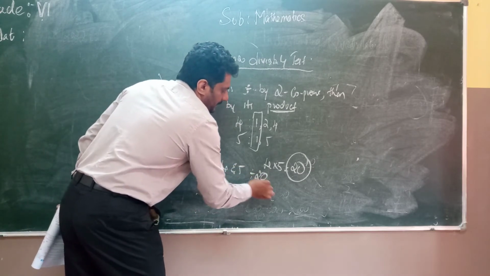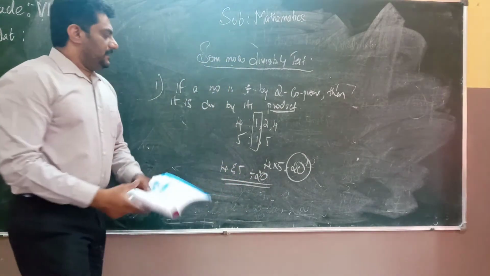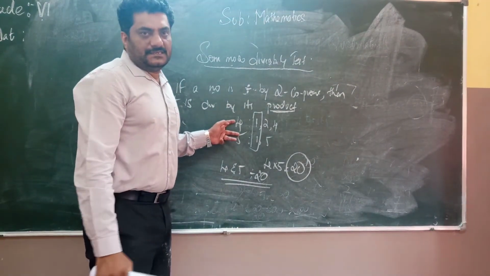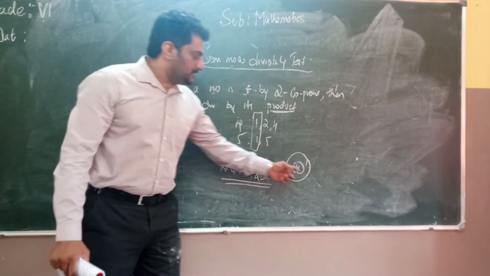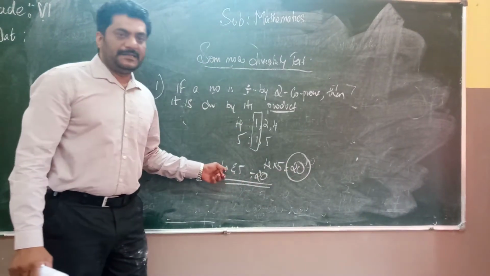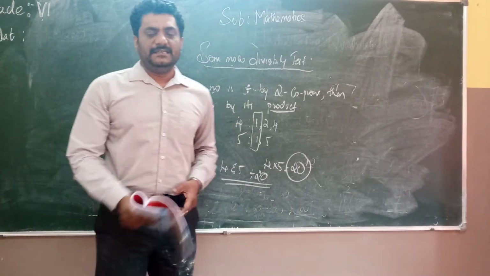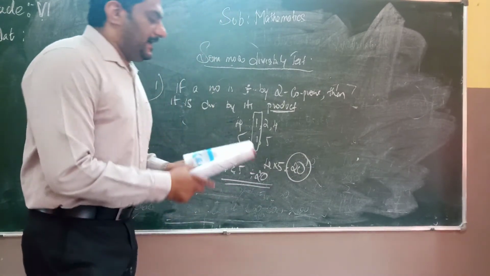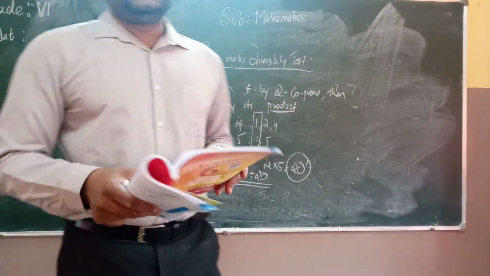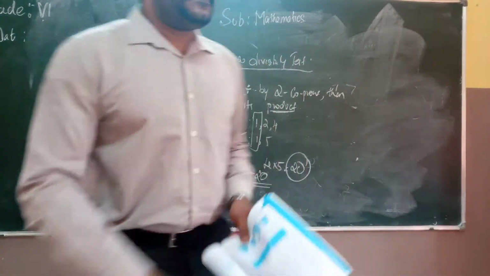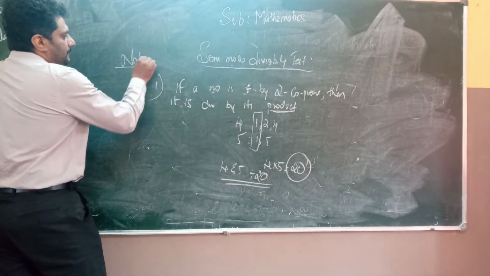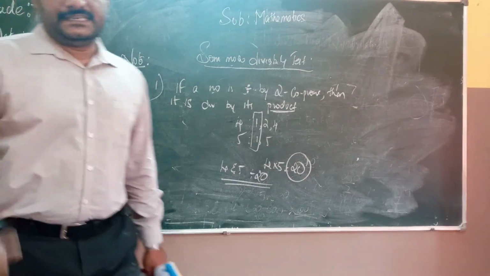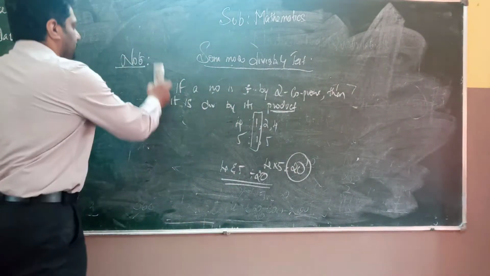This is what I tell: if I have two coprimes, then the product of these two, which is 20, will be divisible by 4 and 5. This is the first point, and this is given on page number 60. Just make a note under note. All these are important. You just need to understand this one.